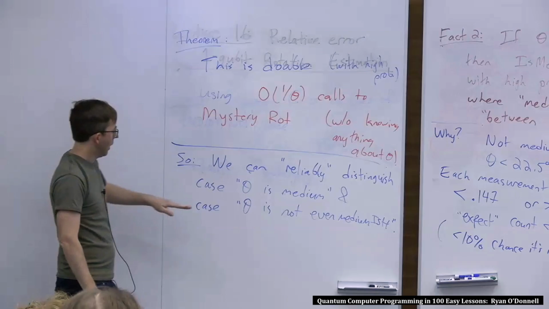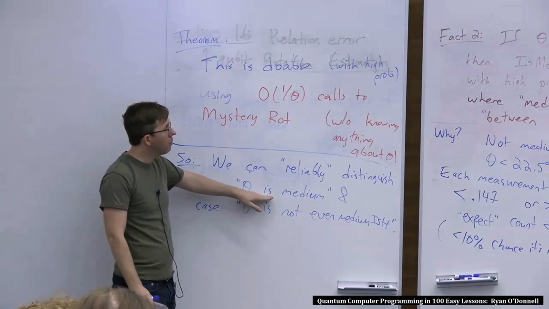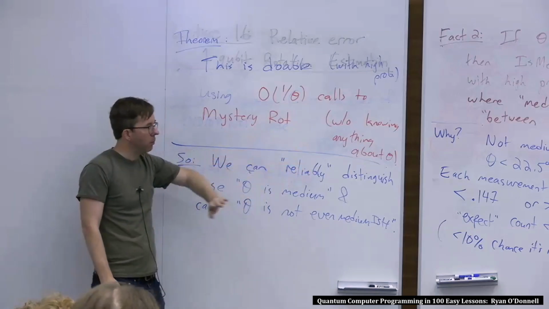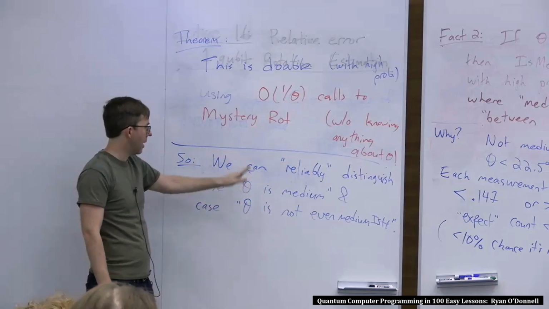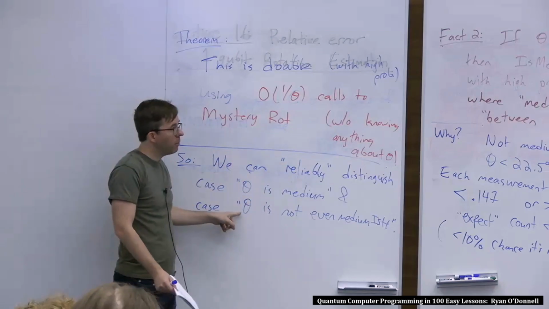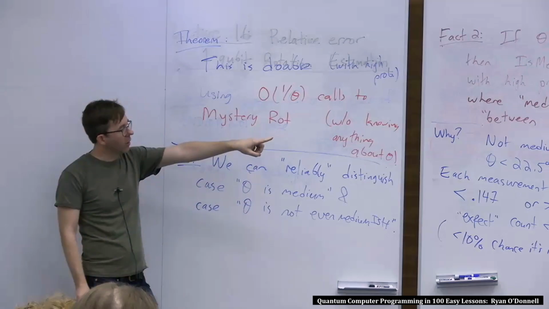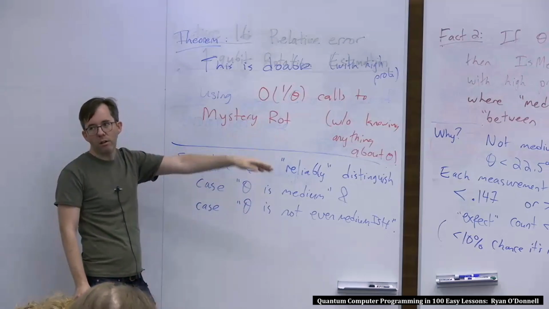So if theta is medium, you run this algorithm, it'll with very high probability say yes. And if theta is not even medium-ish, you run this algorithm, with high probability it'll say no.